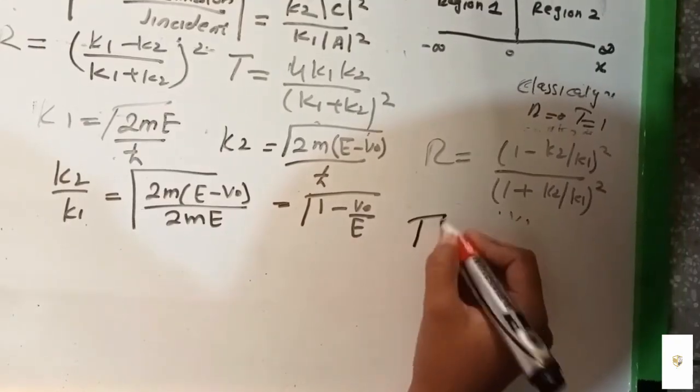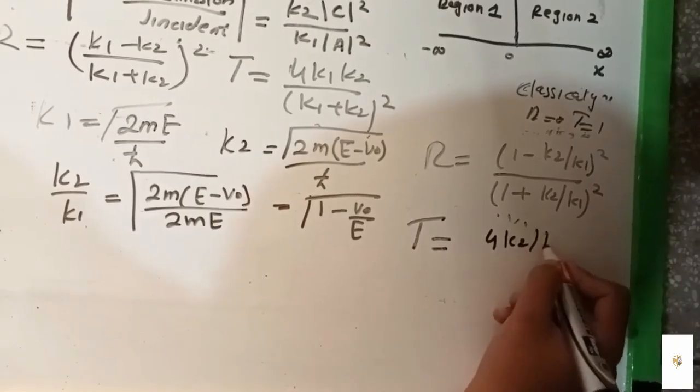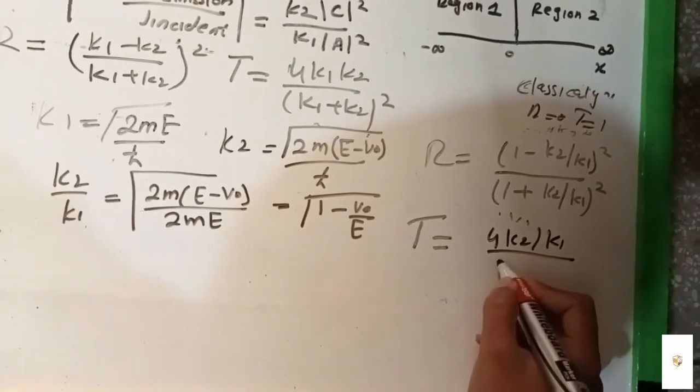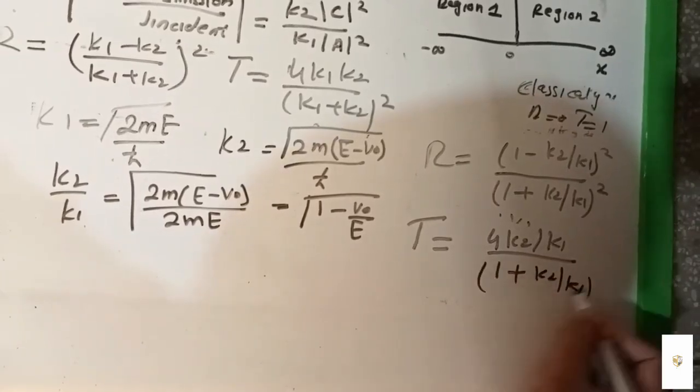And transmission coefficient can be written as T is equal to 4 k2 over k1 over 1 plus k2 over k1 whole square.